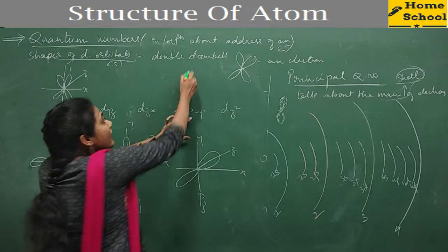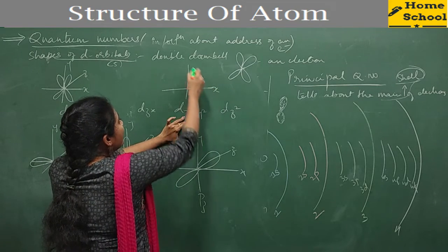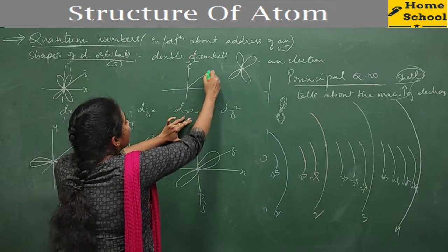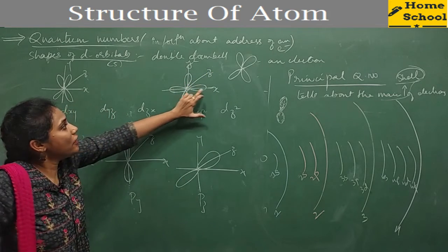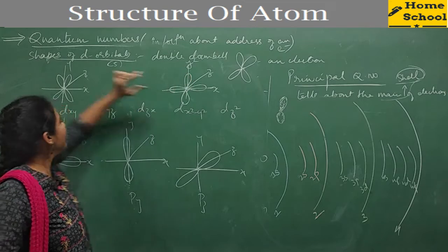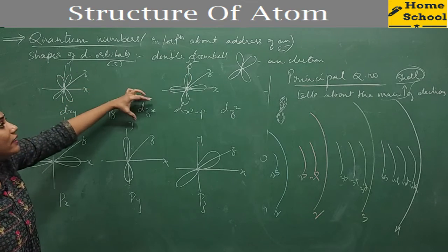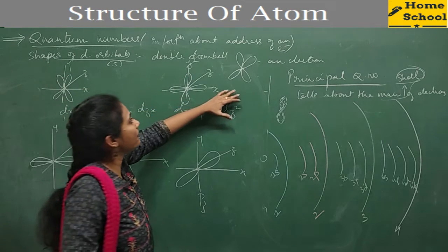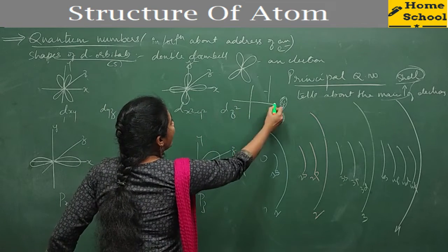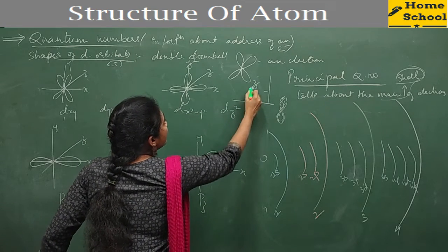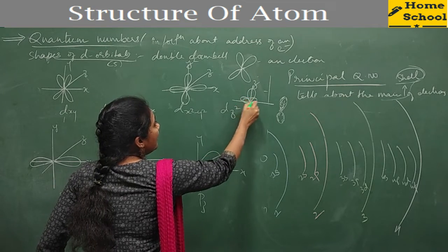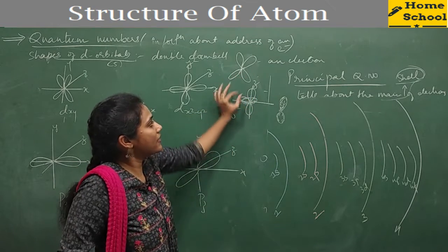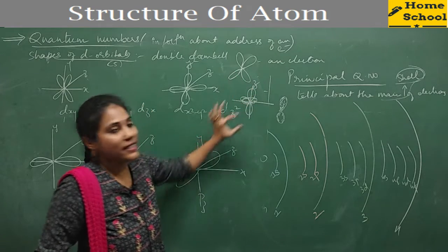And here the dumbbells are present on the x axis and y axis, exactly on x and y. Here the dumbbells are coming in between. Clear everybody? In dz square, if this is the z-axis, one dumbbell is present like this and another dumbbell rotates around this.